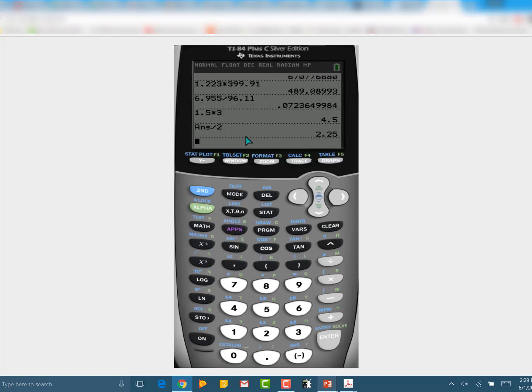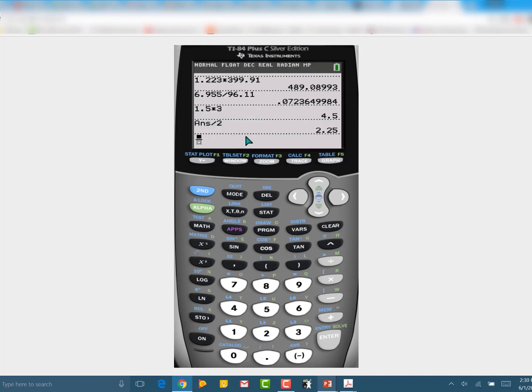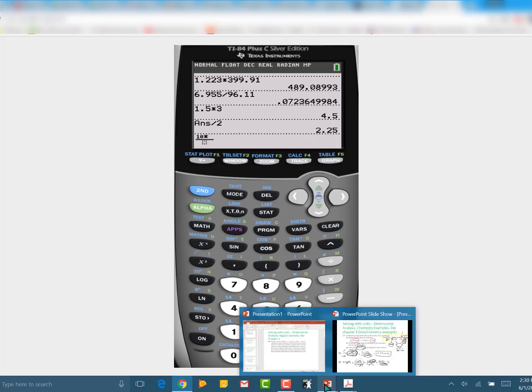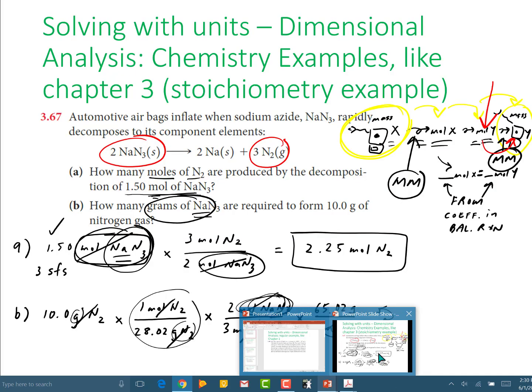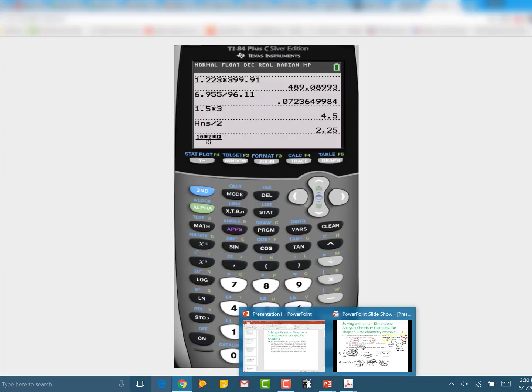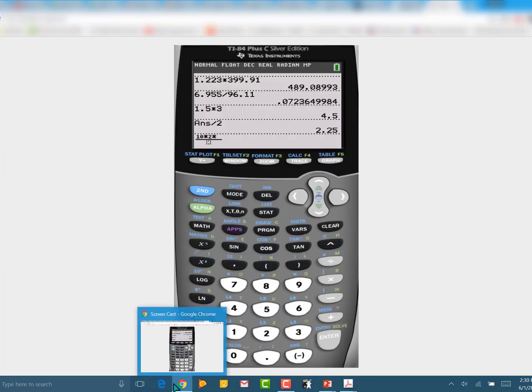Okay, I'm going to use that. I love this fraction thing. So I'm going to go 10 times 2 times 65.02.